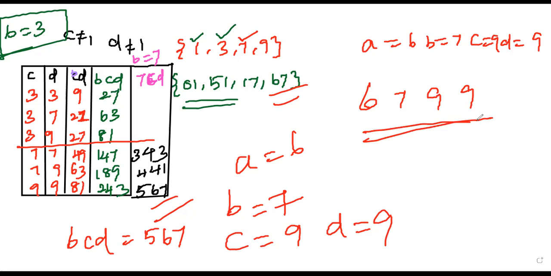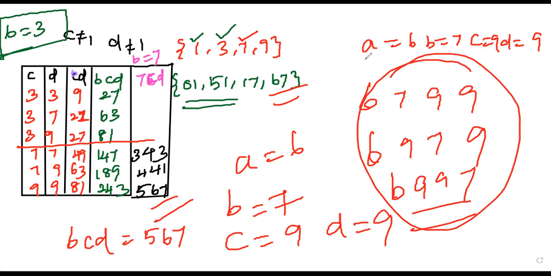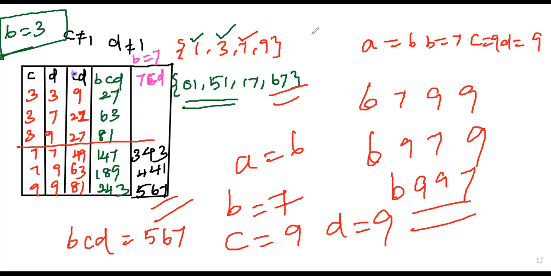Okay. So these options. So if you find the quadruples of this, if you try to shuffle it, like 6, 9, 7, 9, like 6, 9, 9, 7, like that, if you try to shuffle these by using permutations and combinations, you will have 12 options. So you will have 12 options of quadruples here.